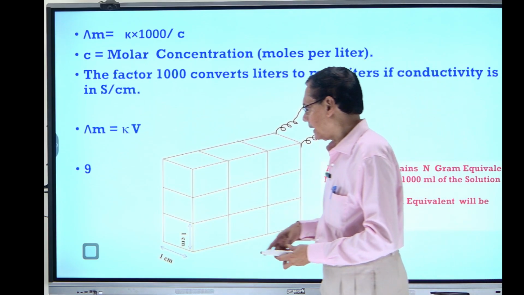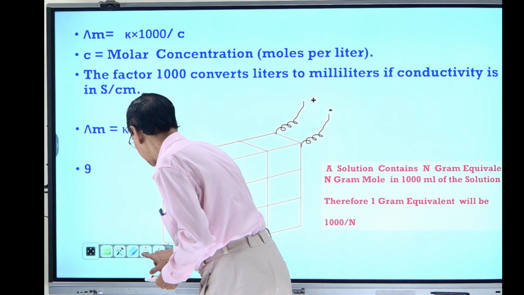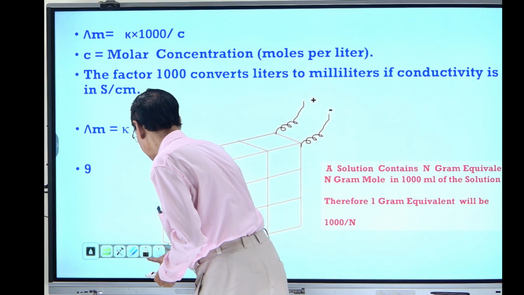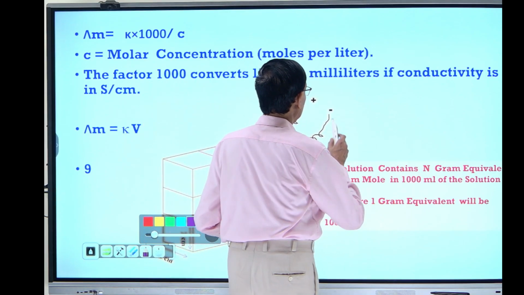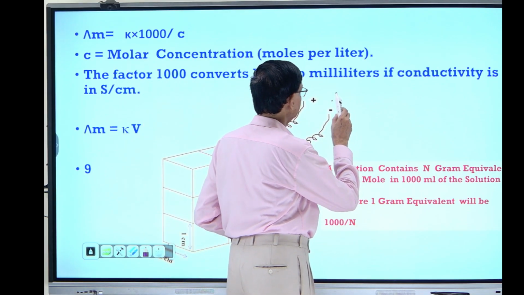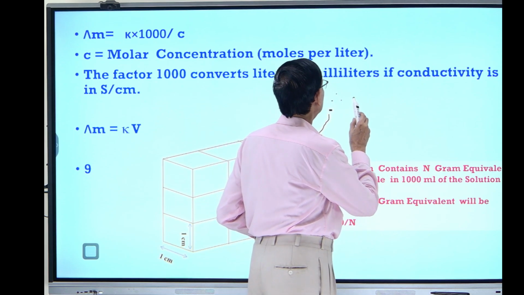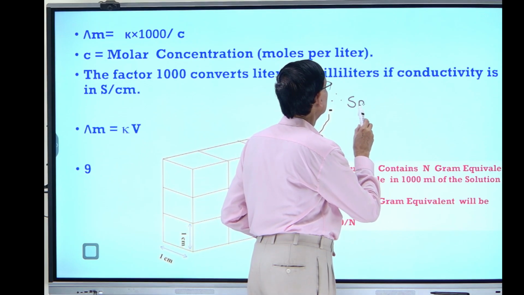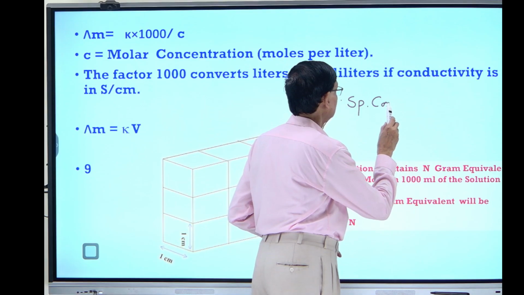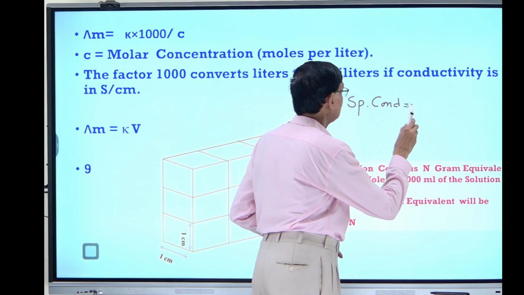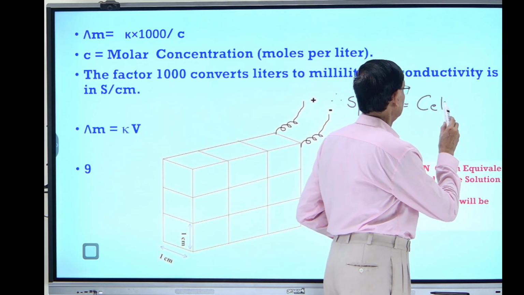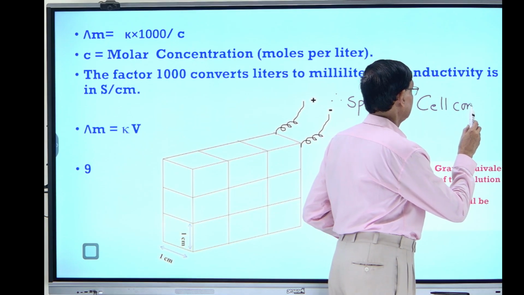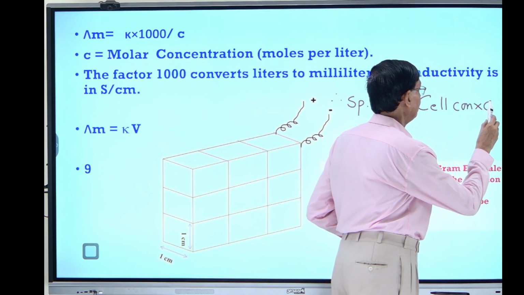Let me summarize. First, specific conductance is equal to cell constant multiplied by observed conductance.